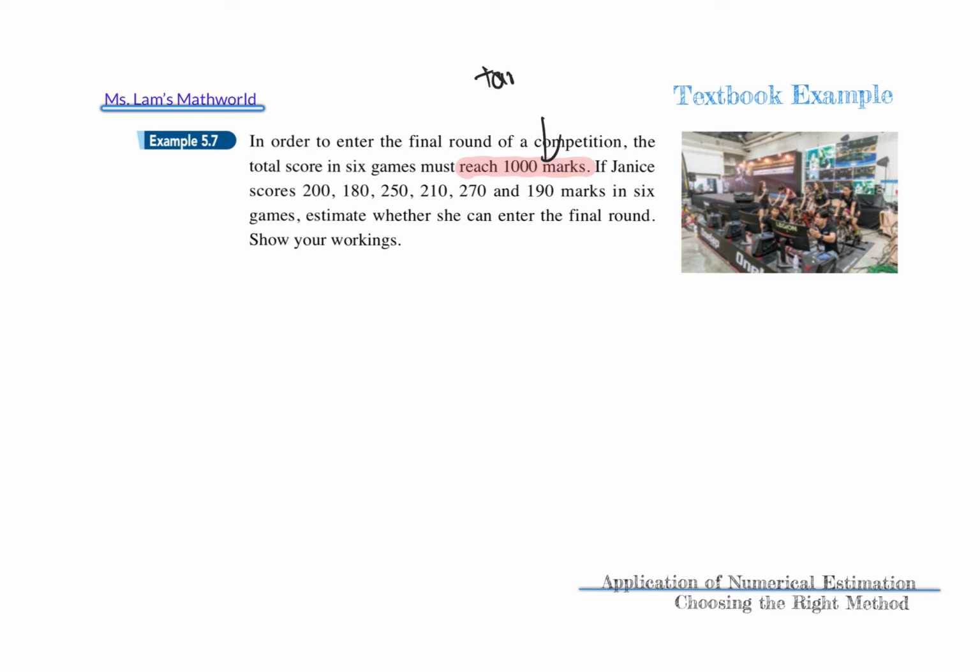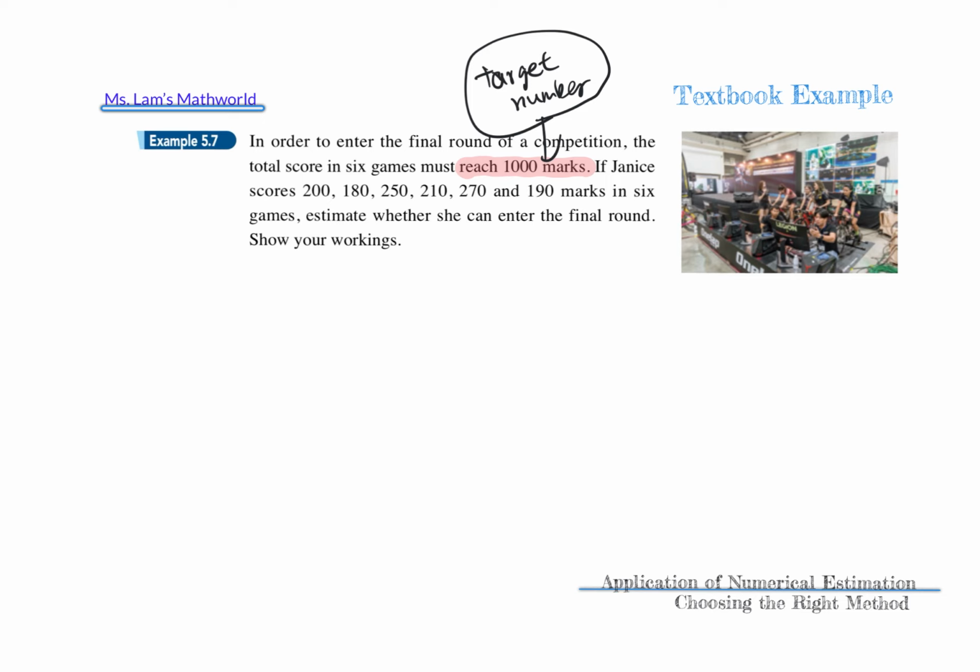So this is our target number. If Janice scores 200, 180, 250, 210, 270, and 190 marks in the 6 games, estimate whether she can enter the final round.